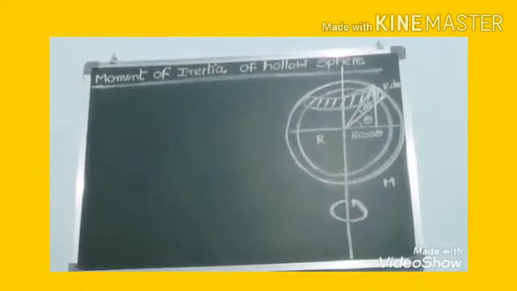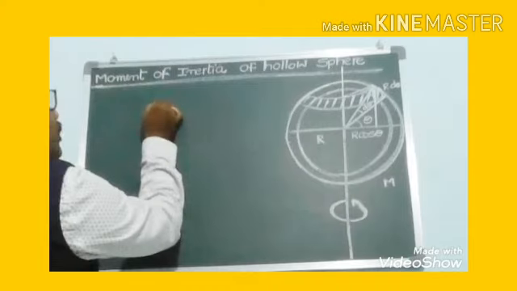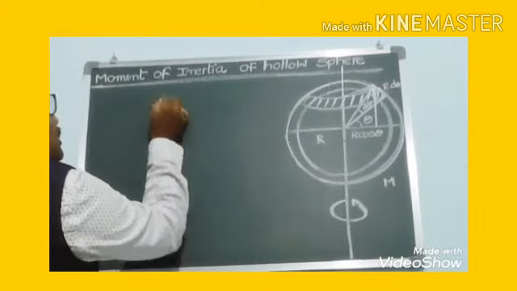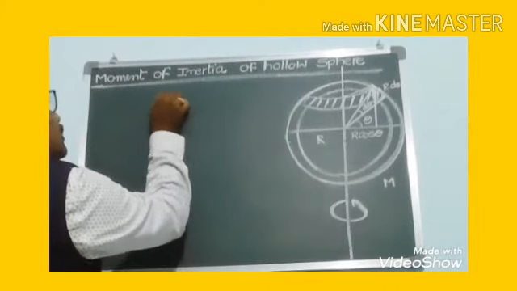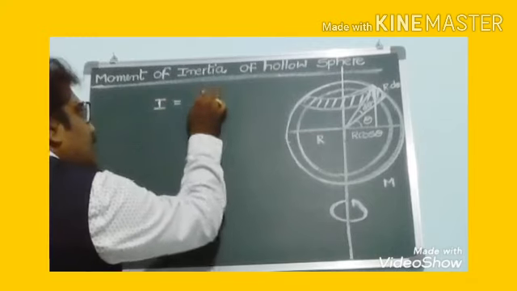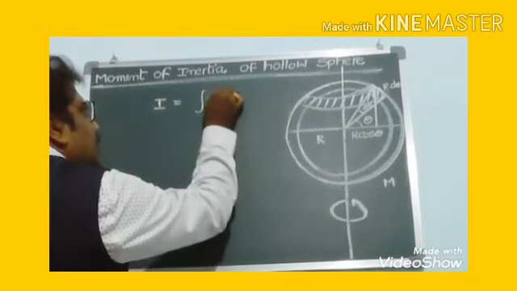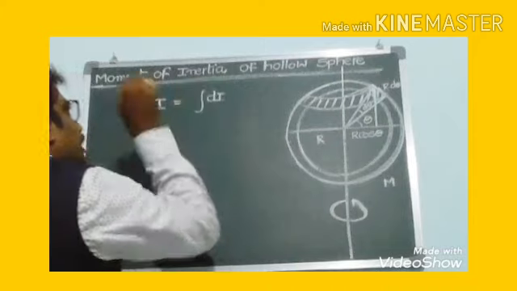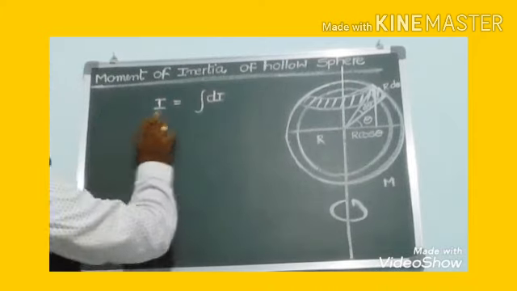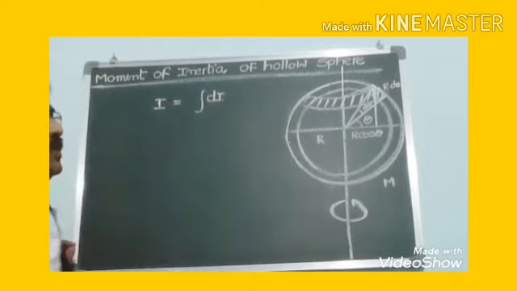Now I am going to calculate the moment of inertia of the hollow sphere. That means the total moment of inertia I equal to the integral of dI. I means the moment of inertia of the hollow sphere, dI means the moment of inertia of the spherical ring.